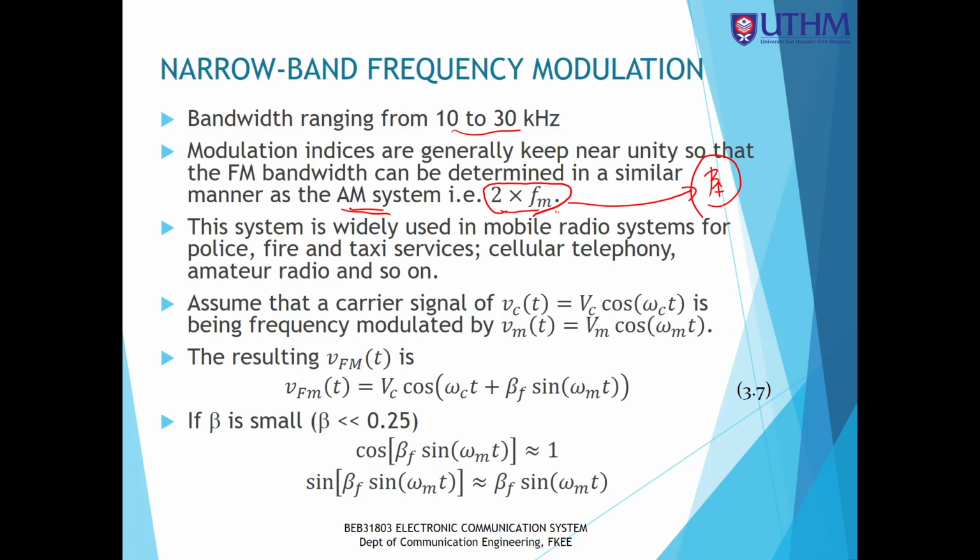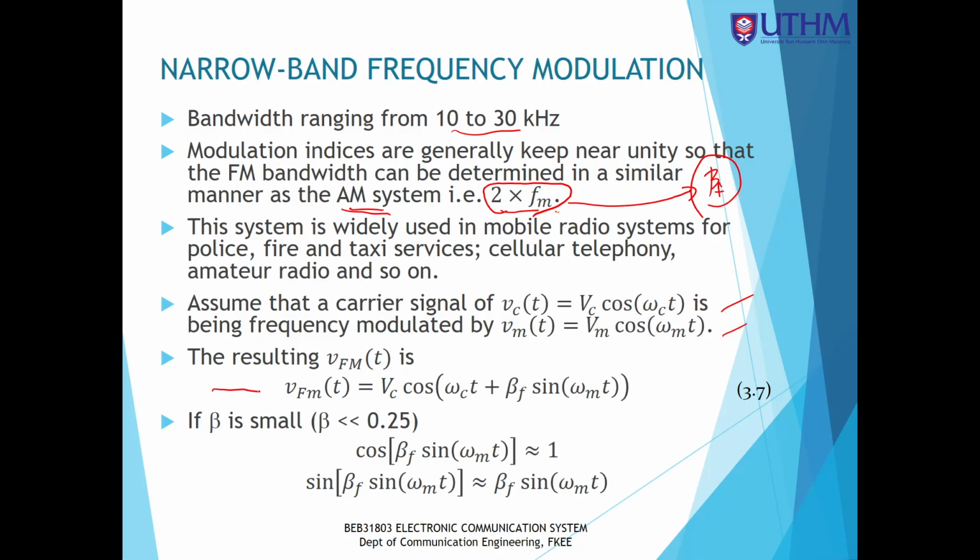Okay, so now we're going to see what the equation for narrowband FM is. Assume that the carrier signal equation is Vc cos omega Ct, and this carrier is modulated with the modulating signal, which is Vm cos omega Mt. This results in the FM equation.